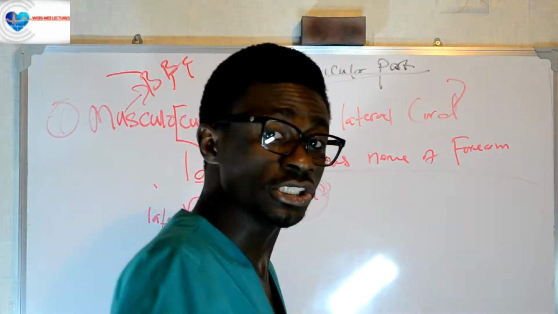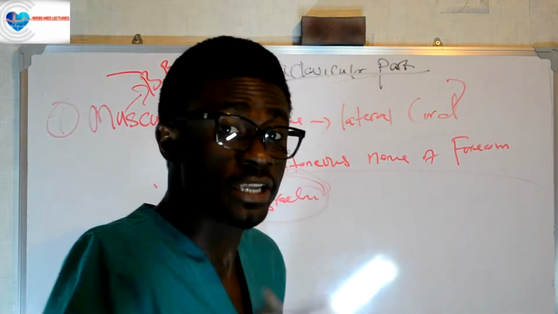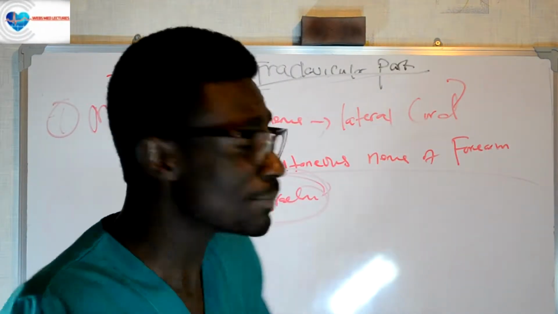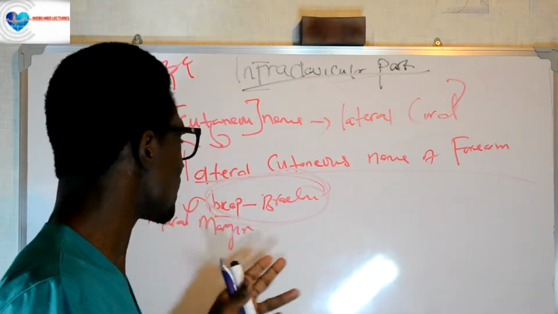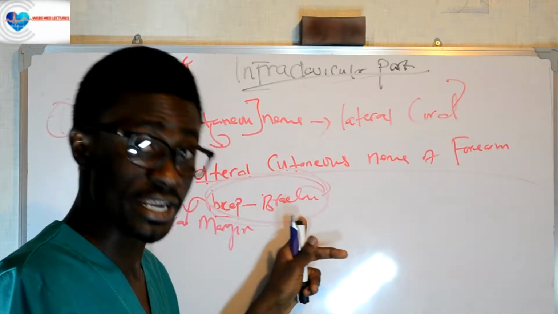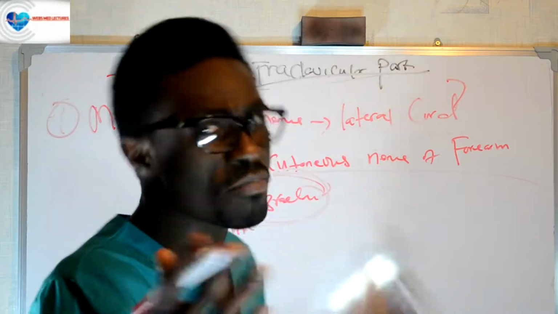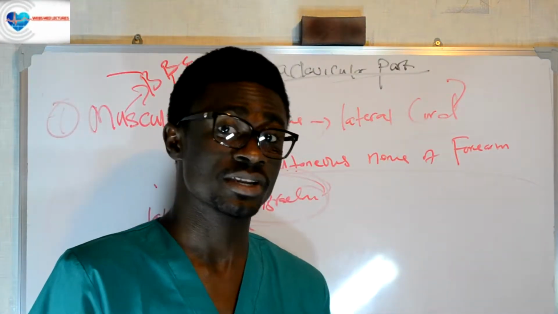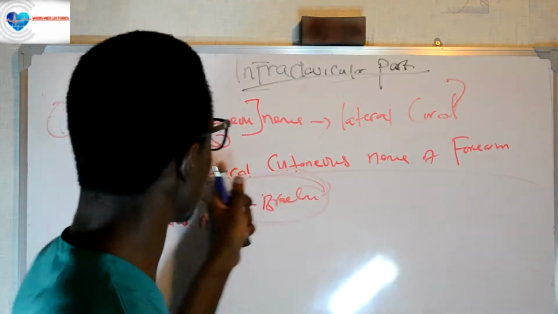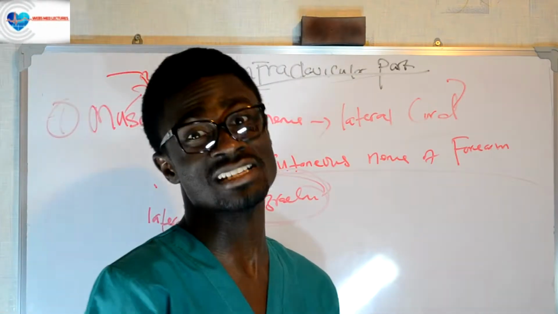You understand what I'm saying? So if you go into a body and you're looking for this nerve, you first identify the biceps brachii and then look at its lateral margin. Trust me, you're going to see the lateral cutaneous nerve of the forearm, guys.